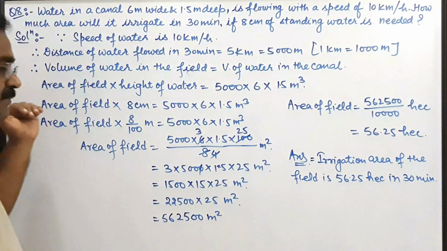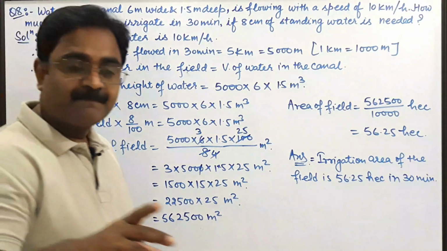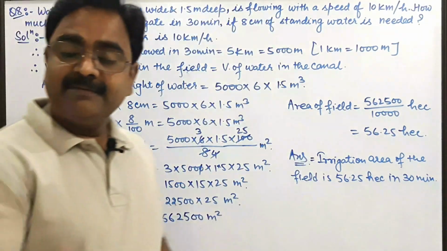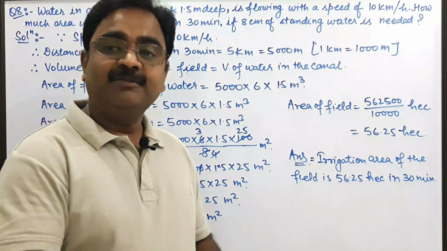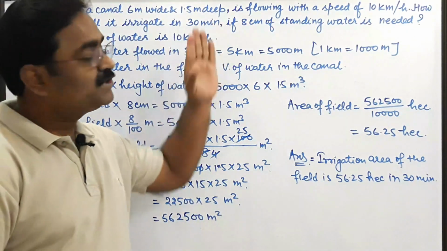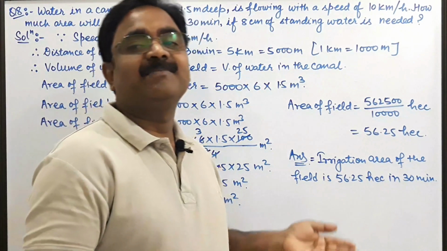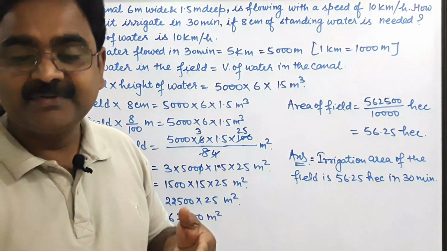Now by the concept of conversion of solid from one shape to another, here the shape of this canal is also in the form of cuboid, and the shape of field is also in the shape of cuboid.